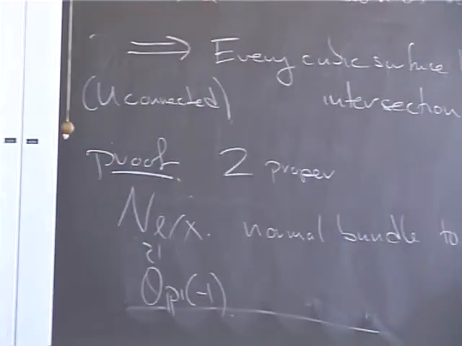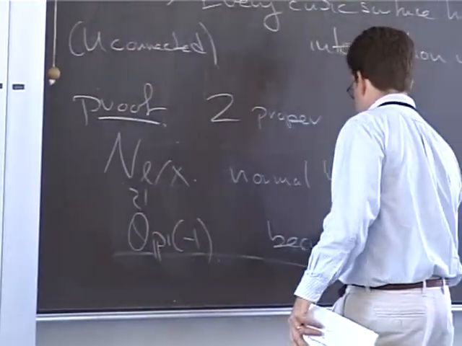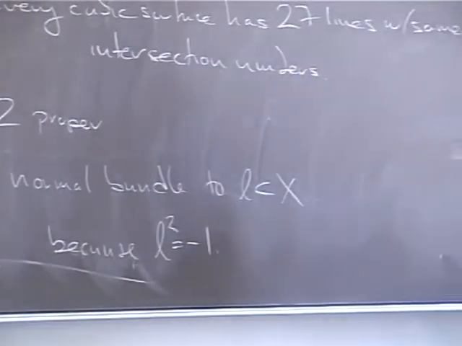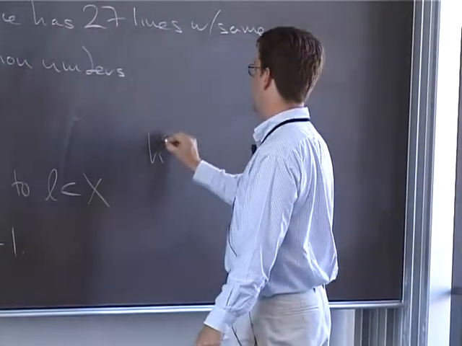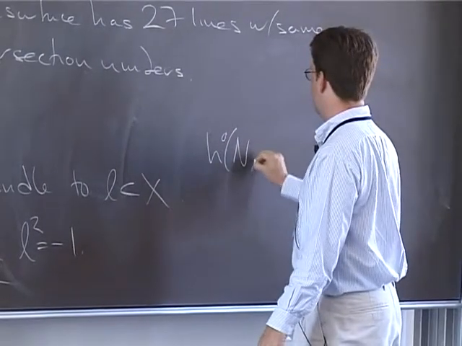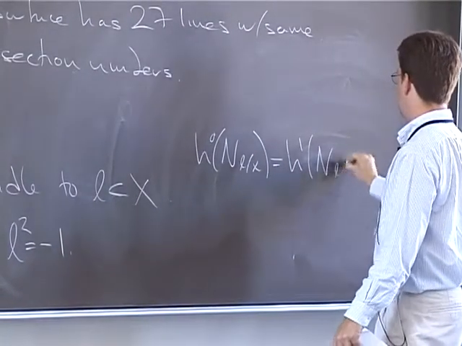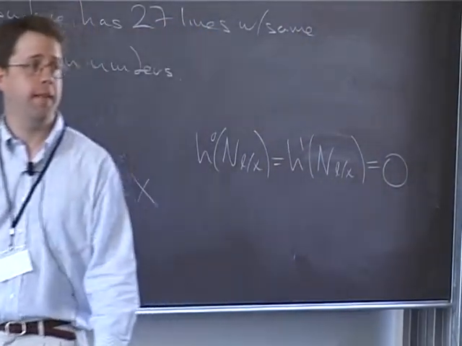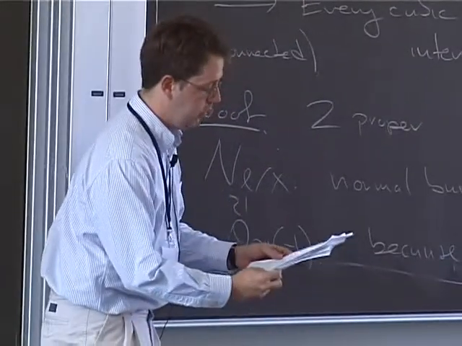This is O_P1(-1) because L squared is equal to minus 1. So we know what the normal bundle is. We also know that H0 and H1 are always equal to 0, just using the fact that I know what the cohomology of this sheaf is.